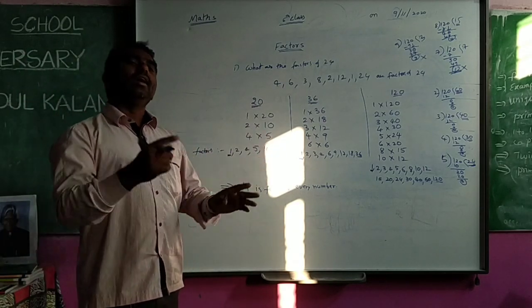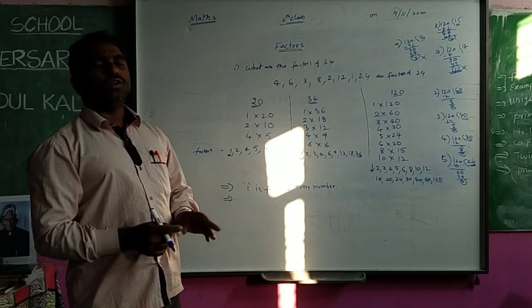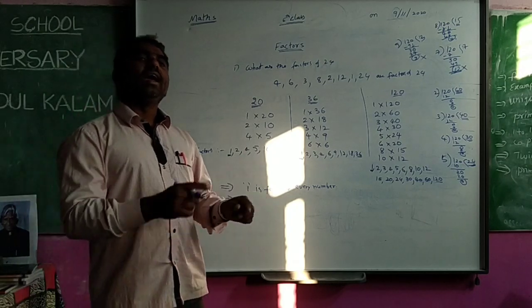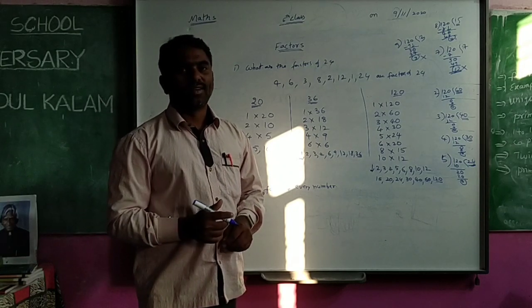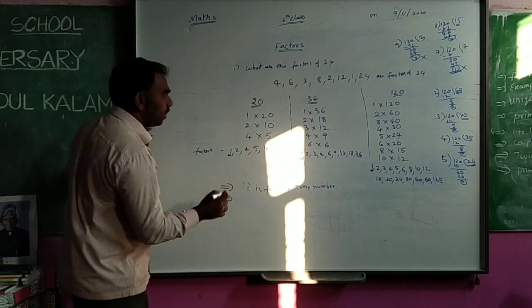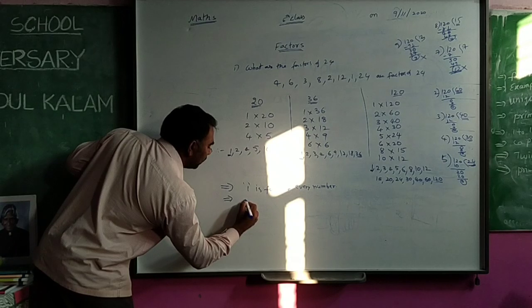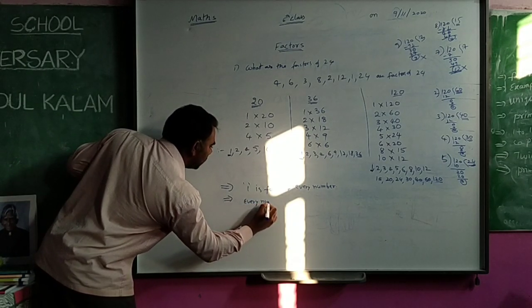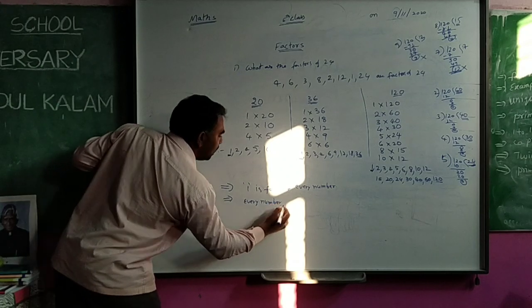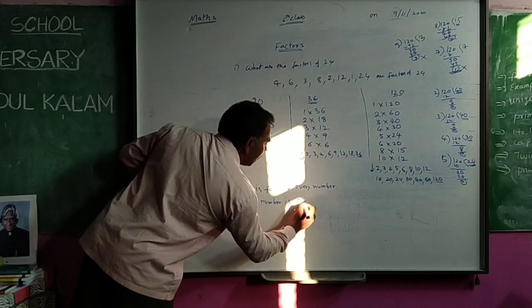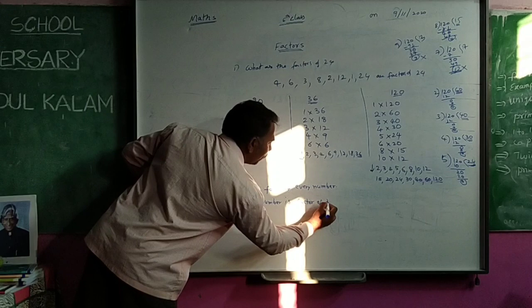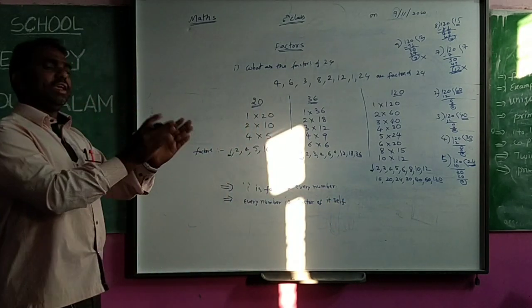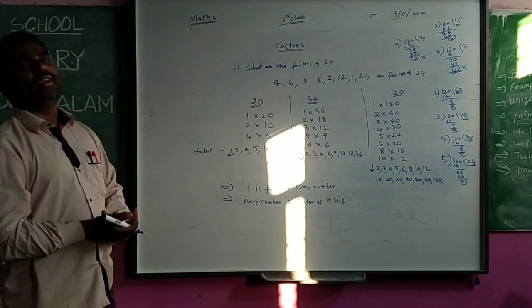For 80, 80 is a factor. For 23, 23 is a factor. For 81, 81 is a factor. So what are you finding? One more thing here, that every number is a factor of itself.